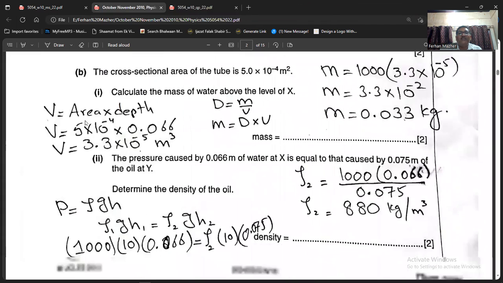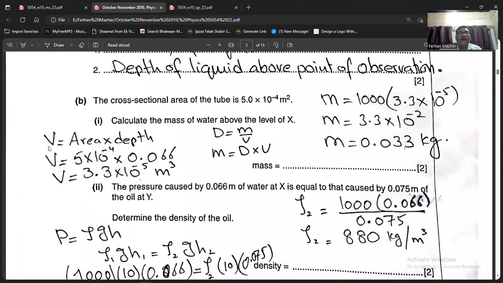So let me show you my solution. Okay, so here we have, volume will be equal to the cross-sectional area multiplied by the depth. The cross-sectional area is 5 × 10^-4 meters squared. The depth is 0.066 meter. So just multiply them, you get 3.3 × 10^-5 meter cube. That's the volume of the water. The density is mass divided by volume.